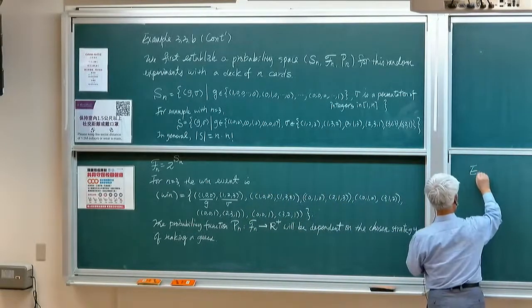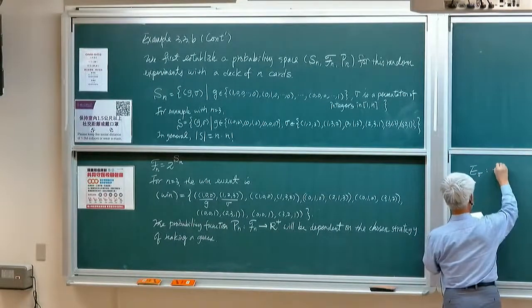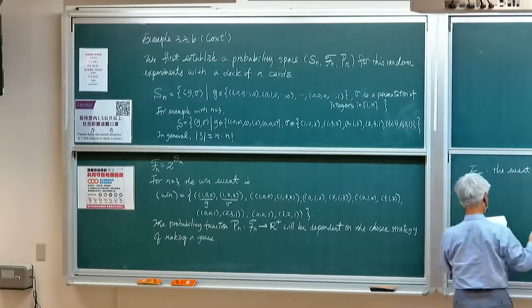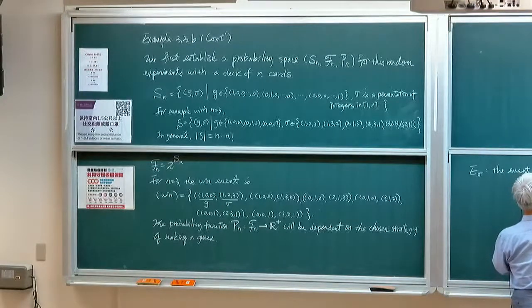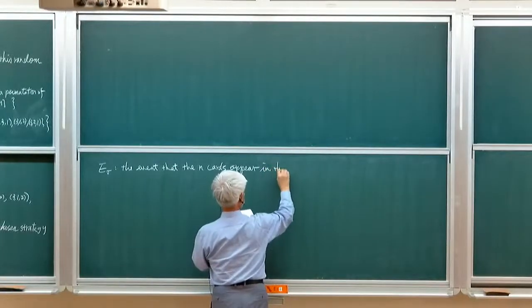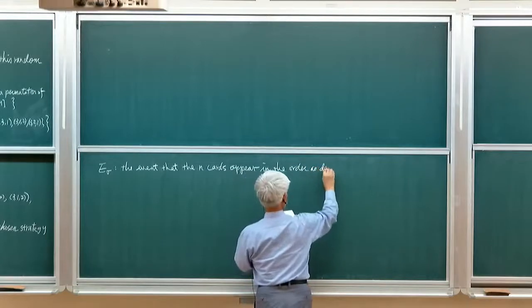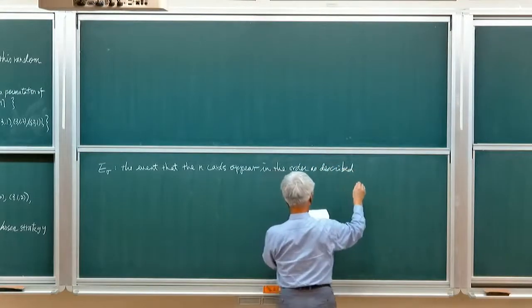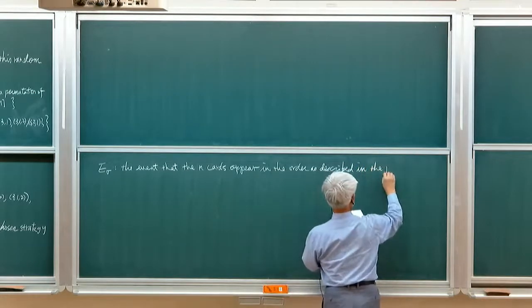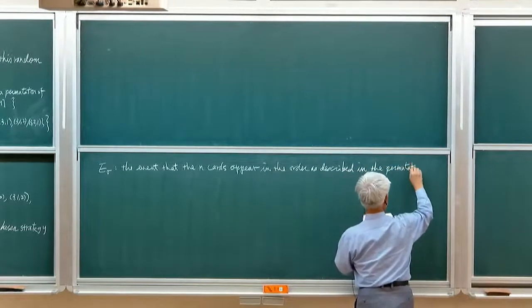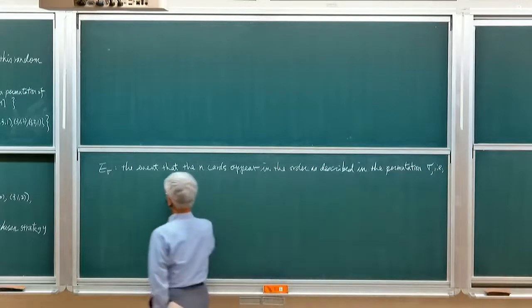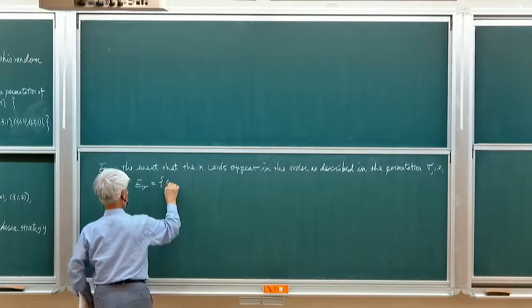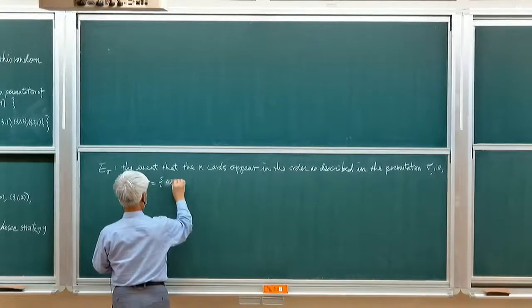Let E sigma be the event that the n cards appear in the order as described in the permutation sigma, i.e., the event consists of all outcomes.